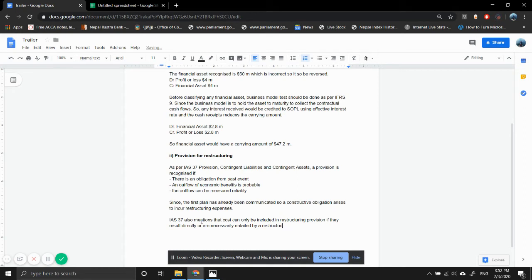So if it is related to restructuring, then only it can be classified as restructuring expenses.